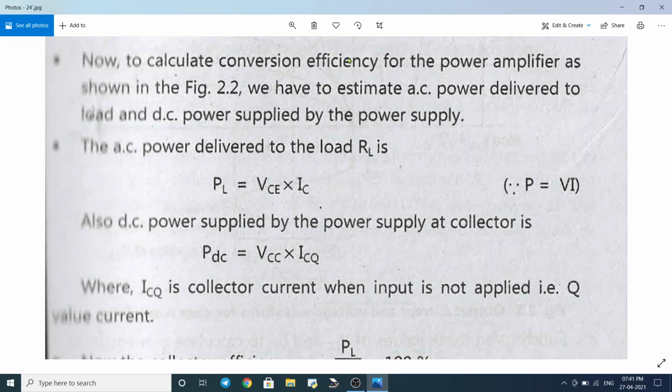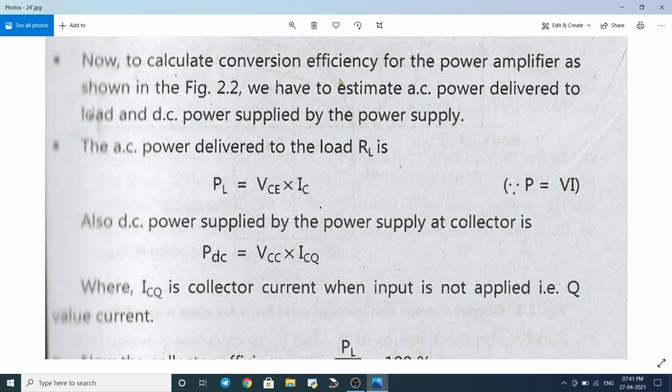And what is efficiency? In order to drive the load, we have to deliver a large power, and this power comes from the DC source.